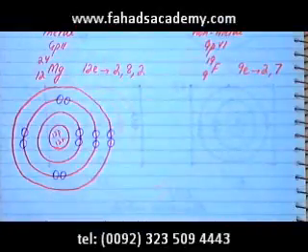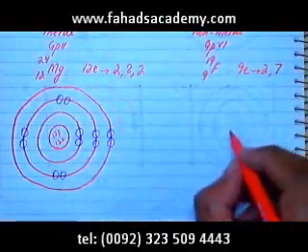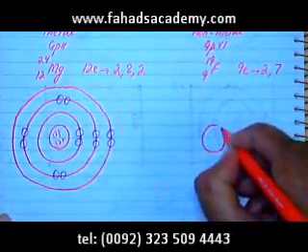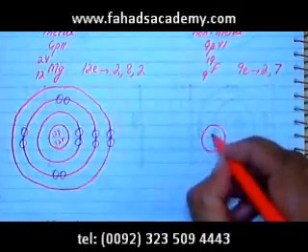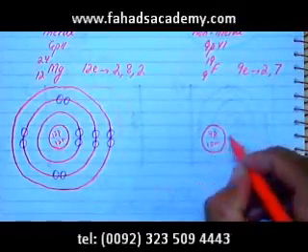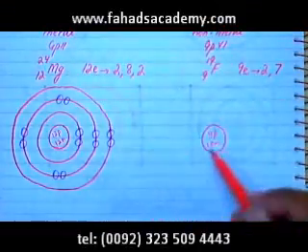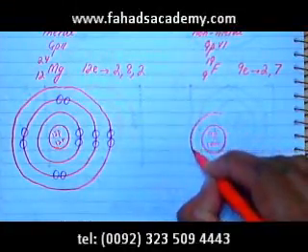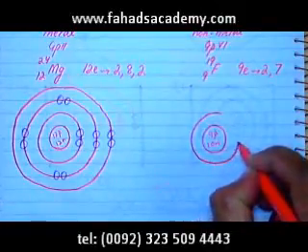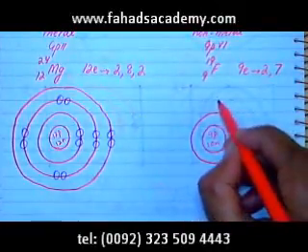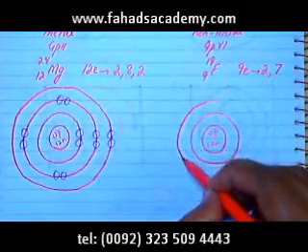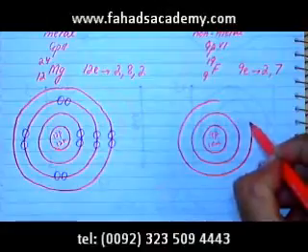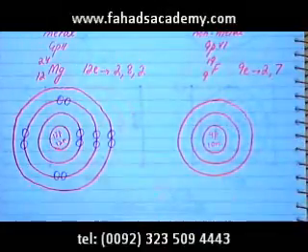Similarly, we can draw the atomic structure of fluorine. It has 9 protons and 10 neutrons in its nucleus. It's 19 minus 9, that means it has 10 neutrons, and only 2 of its shells would be occupied.